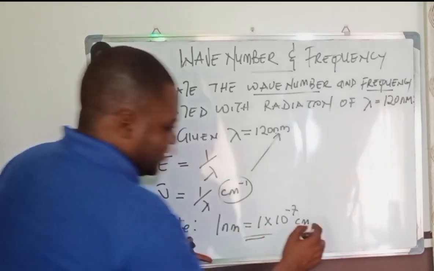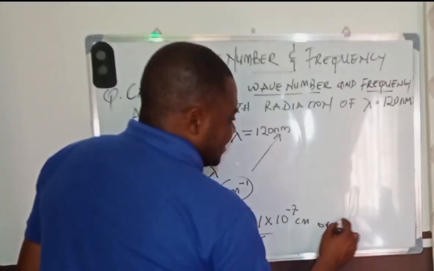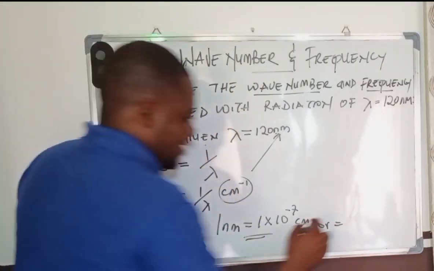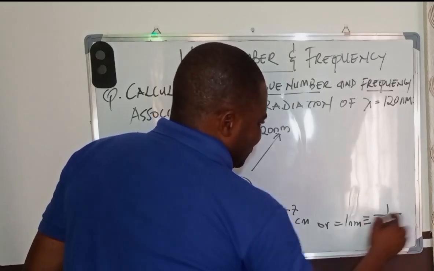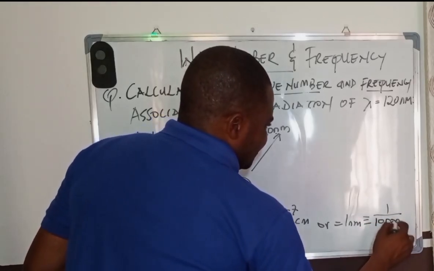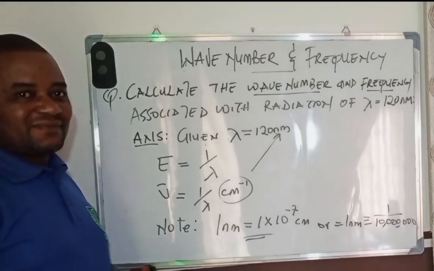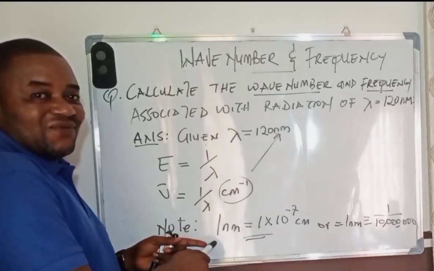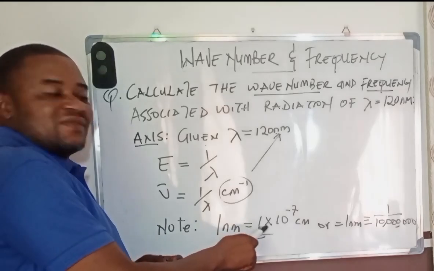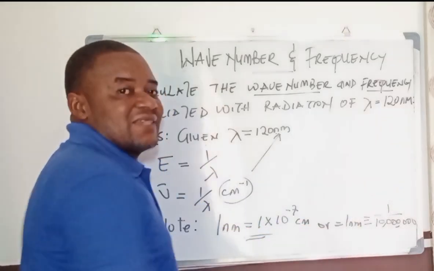Or you also can say that 1 nanometer is equivalent to 1 over 10 million. As simple as that. 1 nanometer is equivalent to 1 times 10 raised to the power minus 7 centimeter, or 1 divided by 10 million.